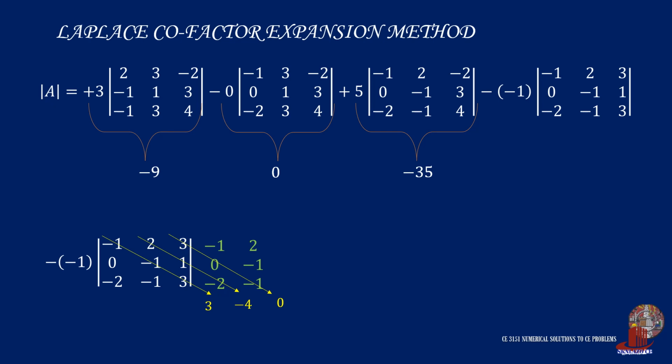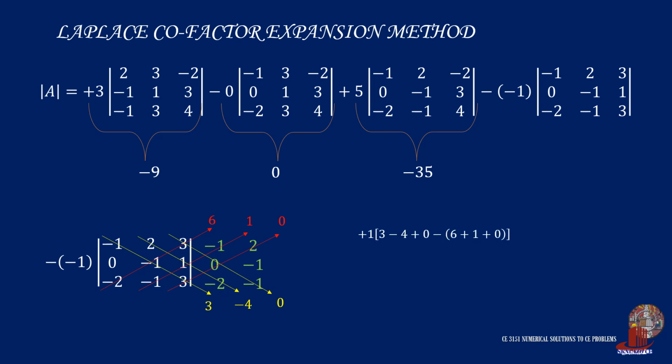The negatives are computed as negative 2 times negative 1 times 3, which becomes 6. Next has negative 1 times negative 1, giving 1. Then last anti-diagonal has 3 times 0 times 2, which becomes 0.